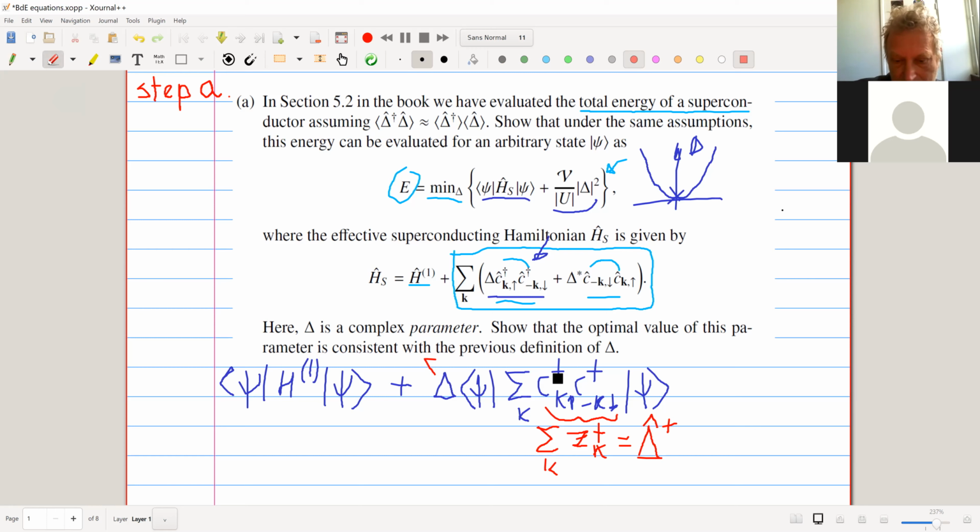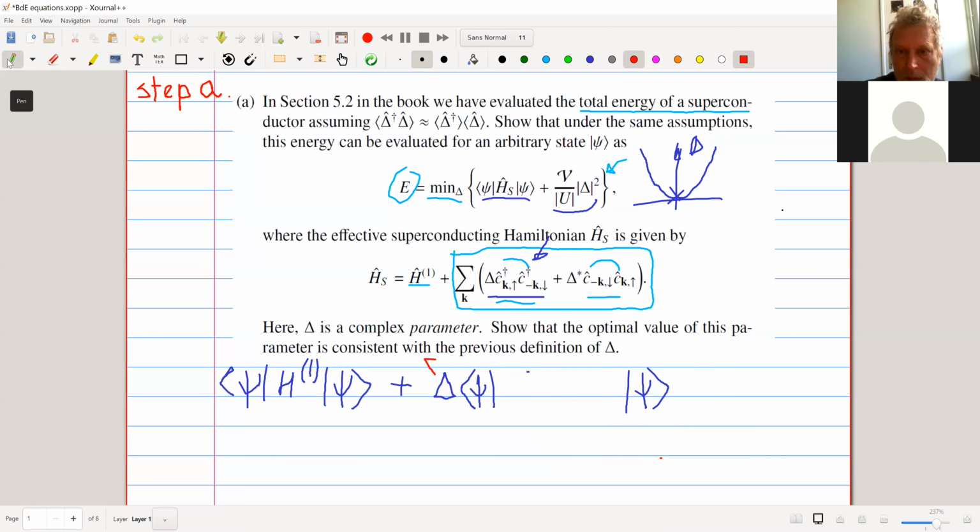I have to remove this and put delta dagger here.